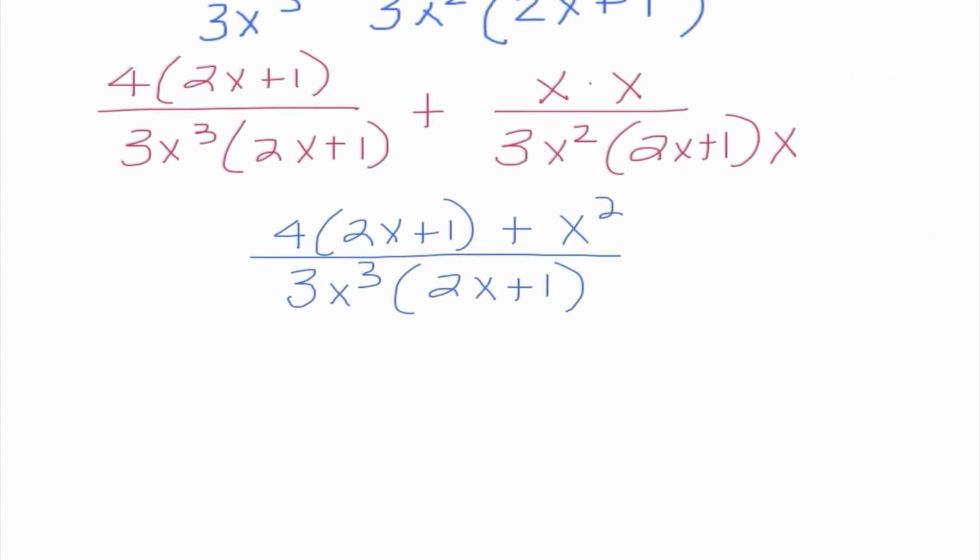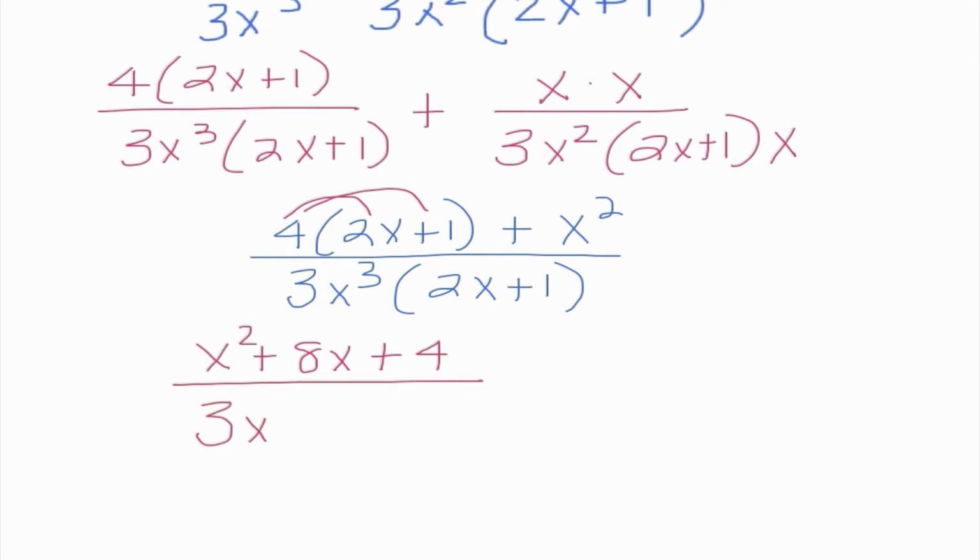I need to simplify this further, and the reason I know is because we still have addition here. If this is all in terms of multiplication, we would be good. So I need to go ahead and distribute that 4. So I get 8x plus 4 plus x squared over 3x cubed times 2x plus 1.